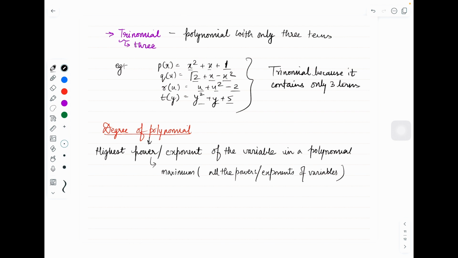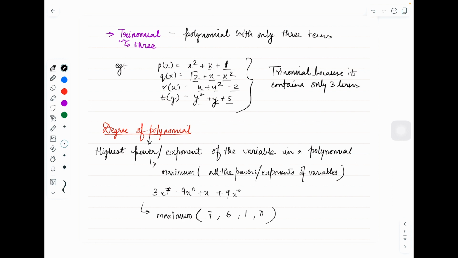I am giving you an example. See, this is 3x to the power 7 minus 4x to the power 6 plus x plus 9. Here all the exponents we combine and find the maximum. First one is 7, then 6, then the exponent of x is 1, and the last is x to the power 0, so 0.